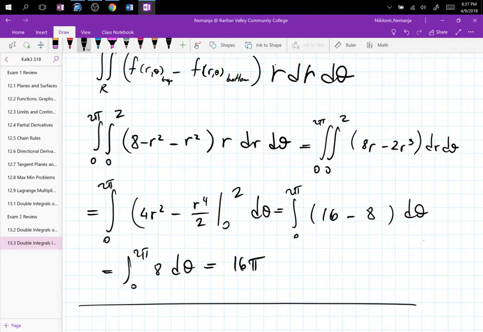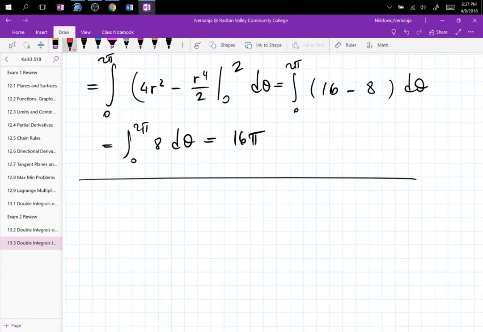which is going to have functions in your limits. So for general region, so double integral over more general polar region. We have to use this book. So double integrals over general polar regions.